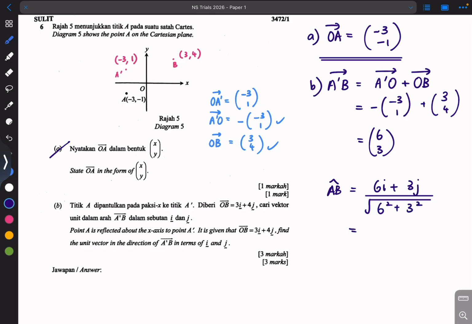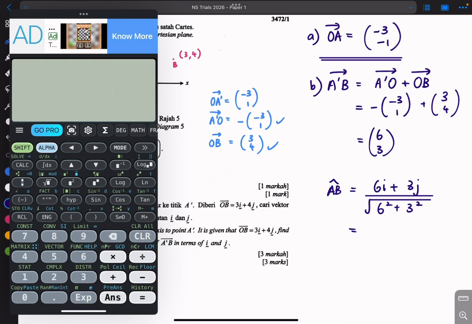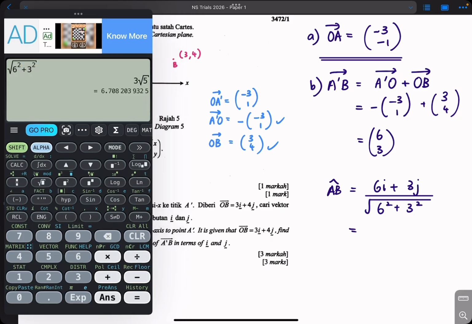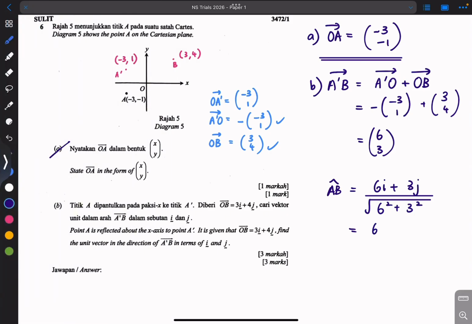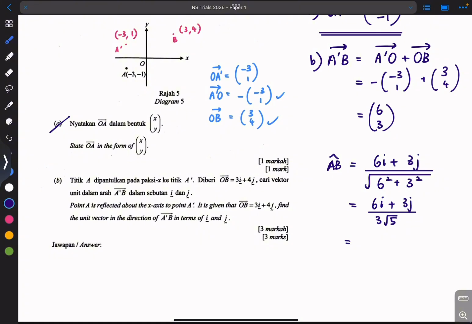Unit vector's formula is given in the exam. Basically the vector divided by magnitude. Right. So square root of 6 squared plus 3 squared, we get 3 root 5. So we can say 6i plus 3j divided by 3 root 5. You can split this also.